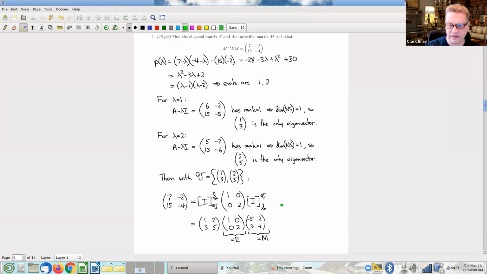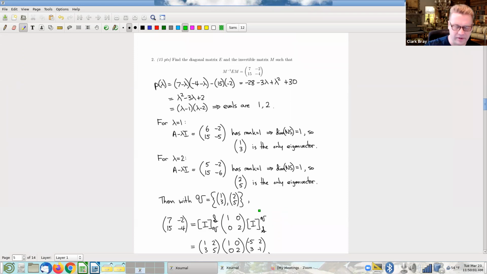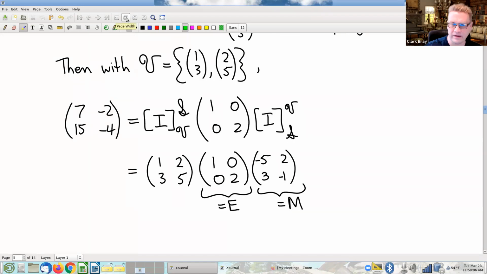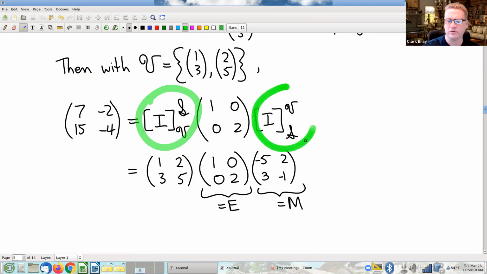Of course, you've heard me say this in the recordings many, many times. I am a big fan of not just calling these matrices P and P inverse and being blind to the bases, and assuming that it's always going to work out the way we want it to. Really not.